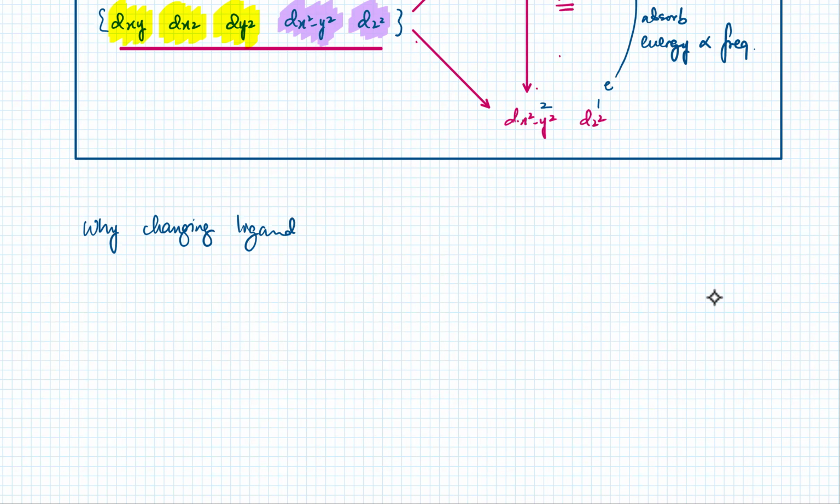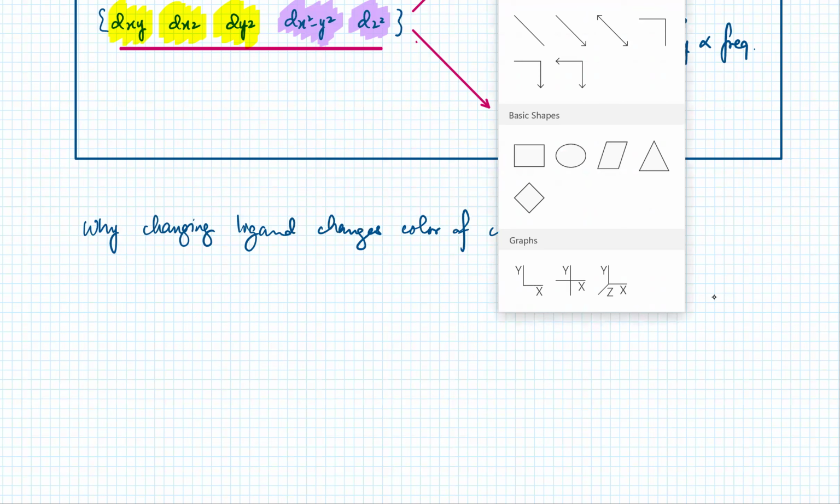So, why does changing the ligand change the color of complexes? Okay, that's the question.